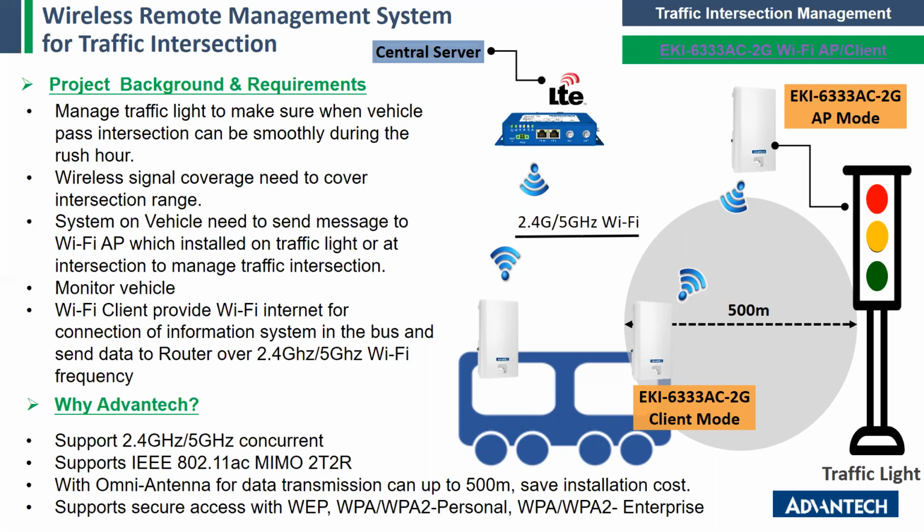So in this application, the Public Transit Agency has an ECI 6333 AC 2G, that white access point there, installed on a bus, and it's connected to an ICR 3241. When that bus comes up to the traffic signal, it's communicating to that traffic signal 500 meters ahead of time, or 500 meters away, to say, hey, I'm coming, make the light turn green for me.